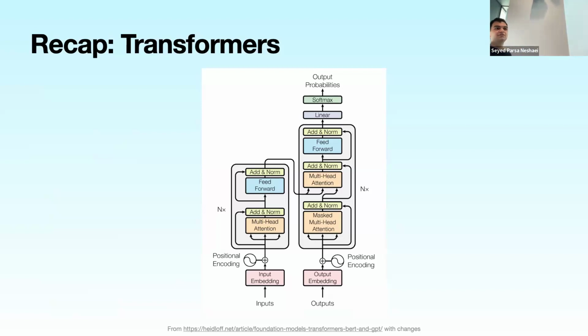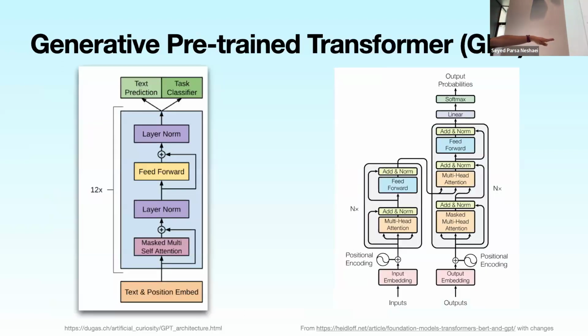Maybe keeping the encoder would also work, but the way it was made successful was by removing the encoder and picking the decoder. Here, as you can see, this is just the decoder. It's another diagram, but it's the same thing: we have the embeddings, the masked attention, the layer norm, the feed-forward layer, the layer norm, and just the decoder.